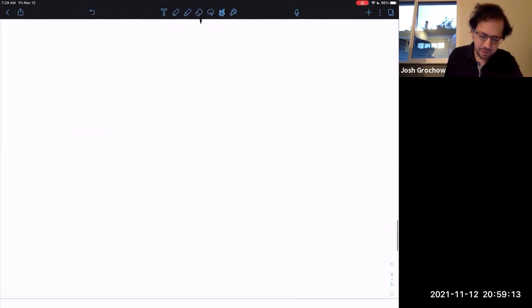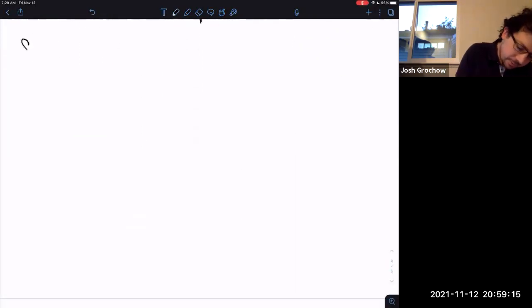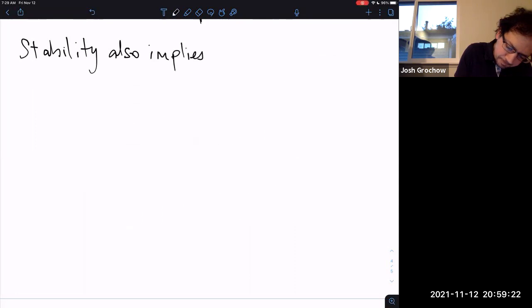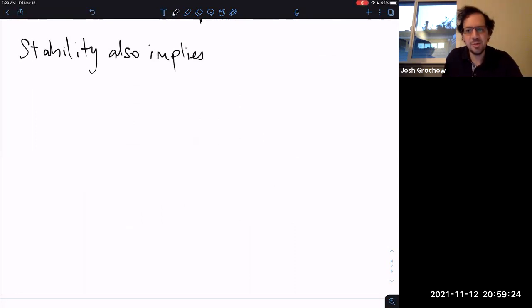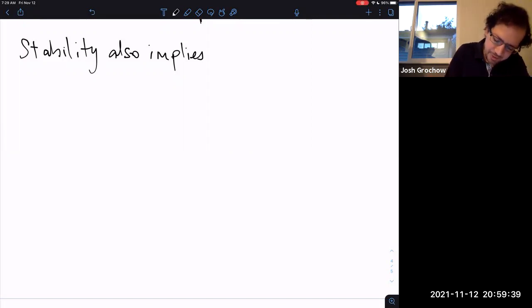One other thing I want to mention about stability. Stability also implies, and here I'm just going to say some words that are really more for the experts, that the story is that it implies something very nice. Partial stability implies something less nice. So stability also implies that higher cohomology vanishes.